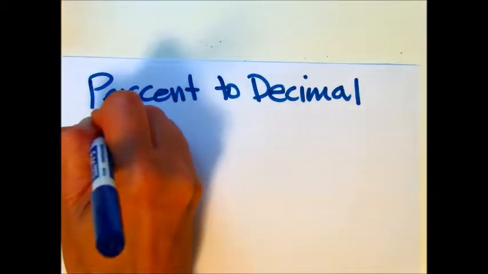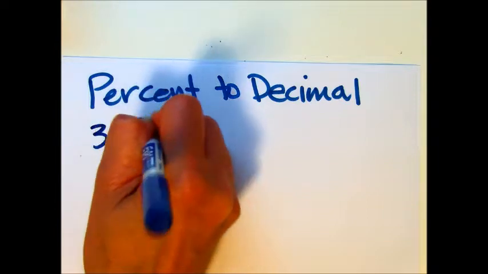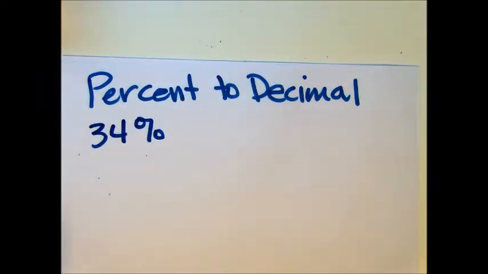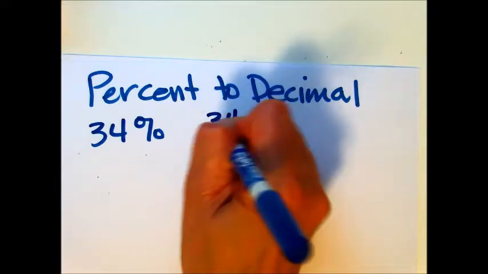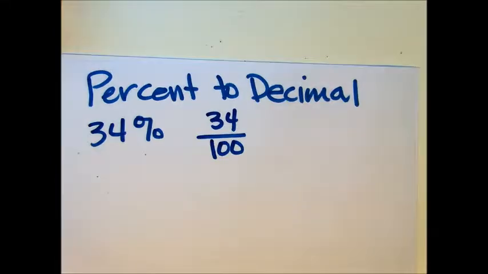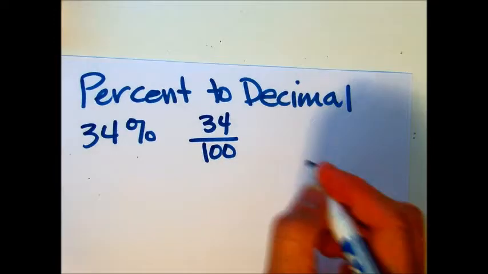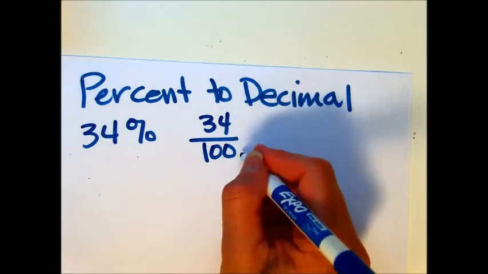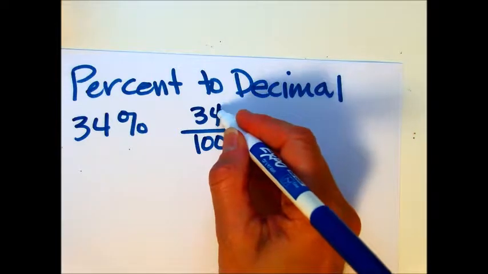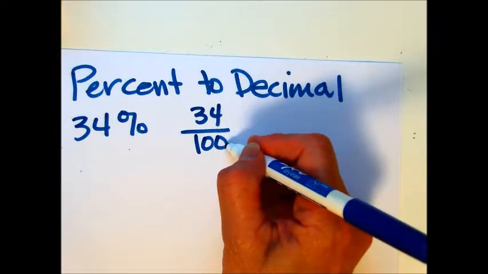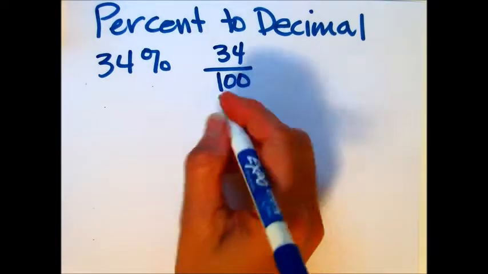So let's start with a percent. Let's say we've got 34%. Well, we already know that 34% as a fraction is 34 over 100. Now, if I were to make this into a decimal, basically we would divide the numerator by the denominator to get the decimal amount. And I'll go ahead and do that.